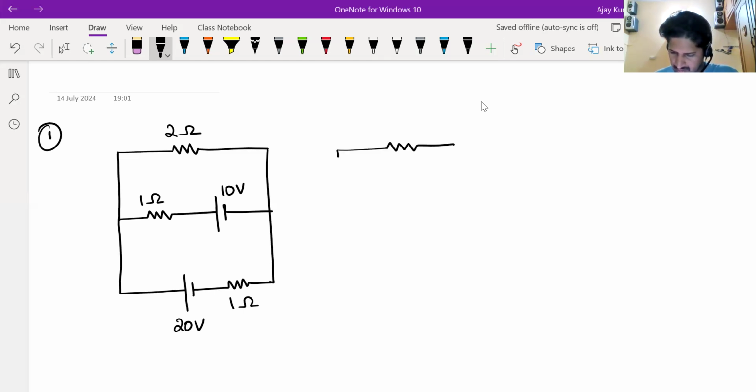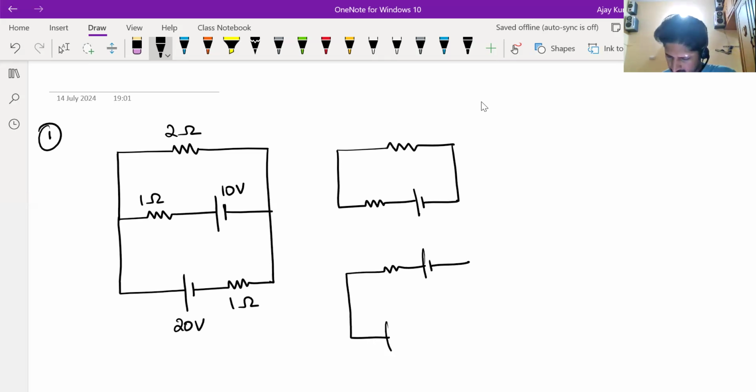You're saying we'll split it into one circuit like this and another circuit like this. Is this what you're saying? No, sir, that's not. I'm so sorry. Okay, anyway, what is your idea?